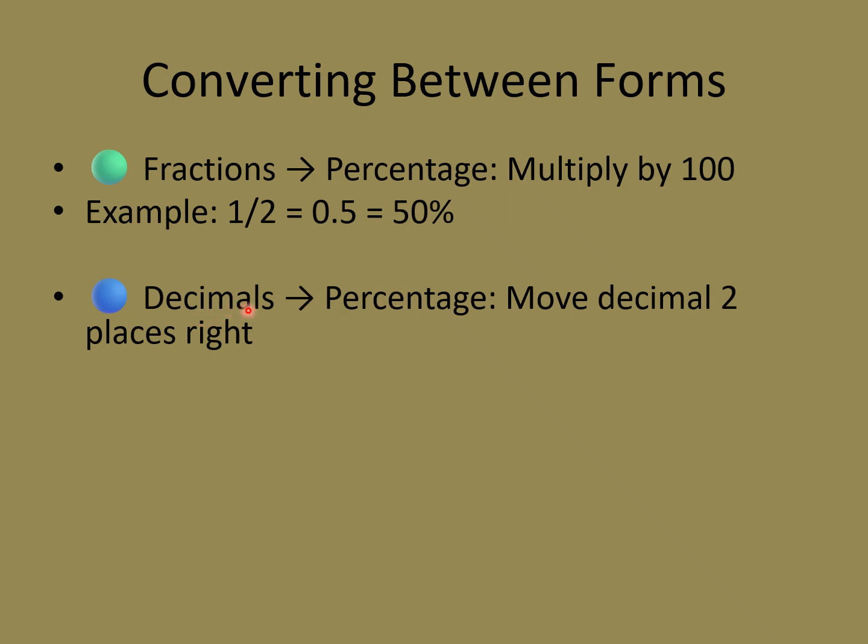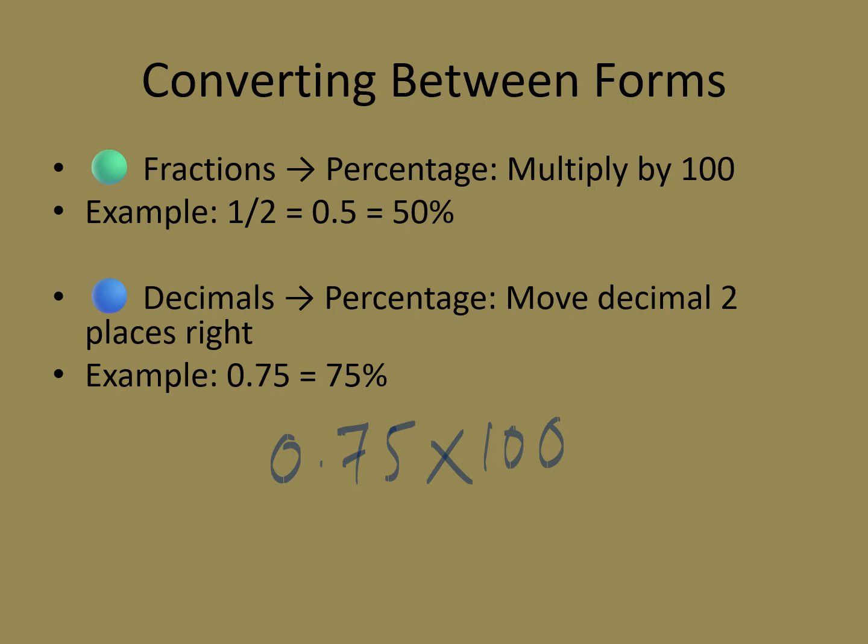Next, from decimal to percentage. If you have a decimal value and want to convert it into a percentage, in a simple way you just move the decimal 2 places to the right. Let's see, you have 0.75. You multiply this by 100, so the decimal point gets shifted 2 times to the right.